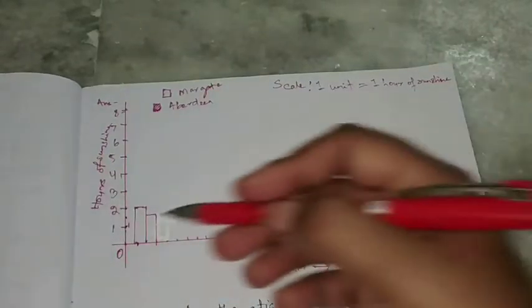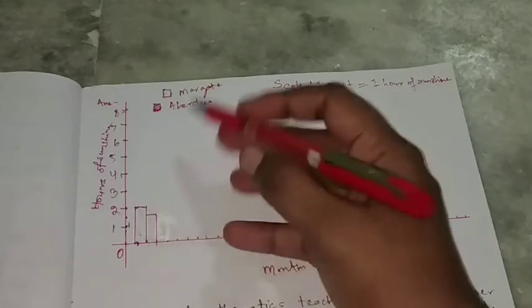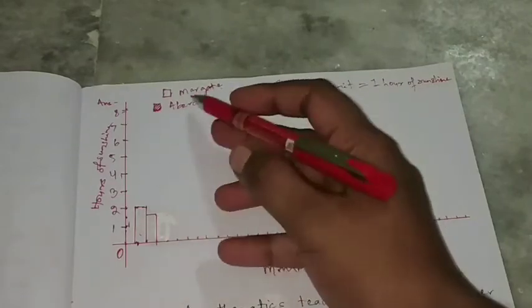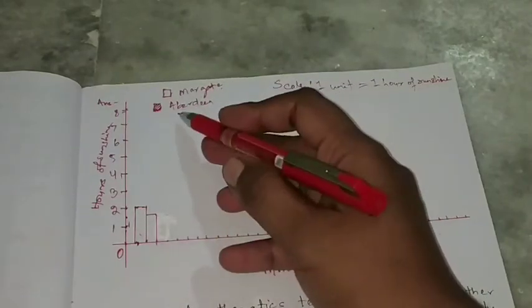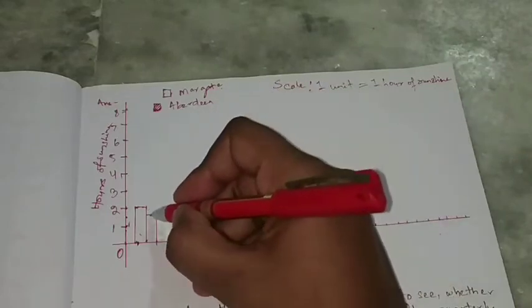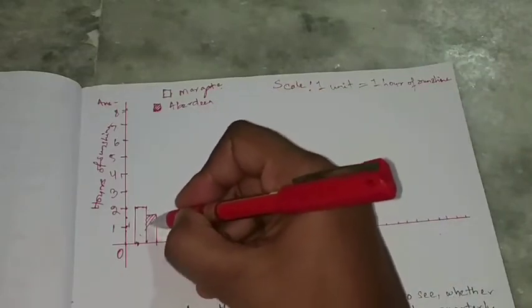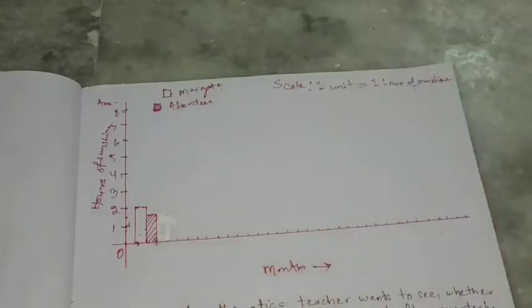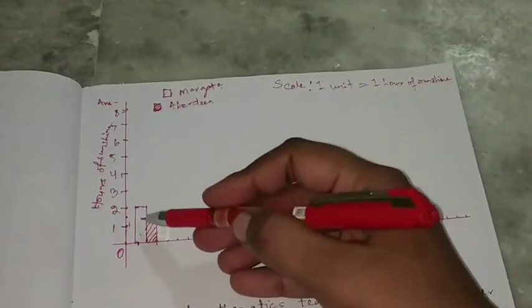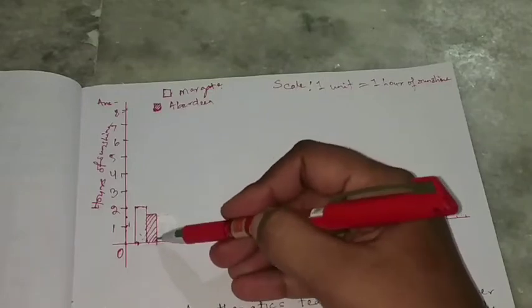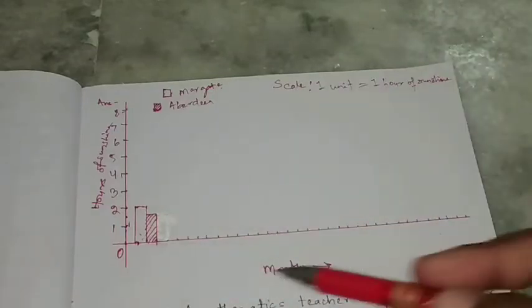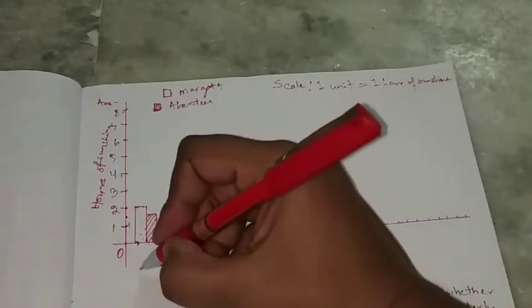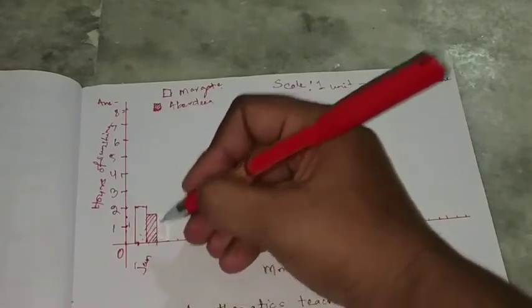Okay. So first bar is for Margaret, and second one is for Aberdeen. For Aberdeen, I'll cut it like slash, so you can easily see which one is for Margaret, which one is for Aberdeen. Okay. So this one is for January. So what I'll write? January.